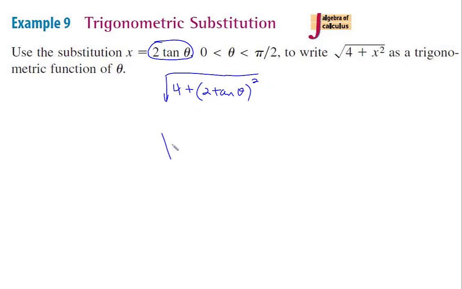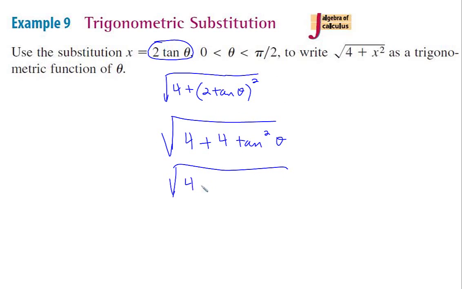So we square this and end up with 4 plus 2 squared, which is 4 tangent squared theta. Then hey, we can factor out a GCF here, 4, and we get 1 plus tangent squared theta.